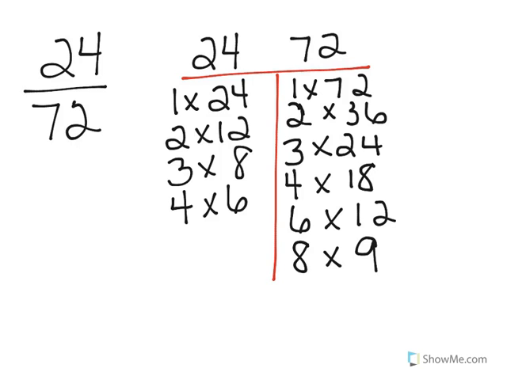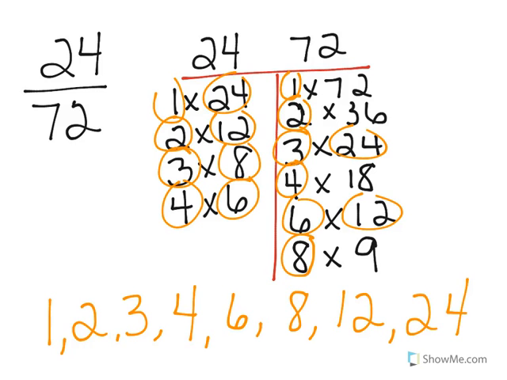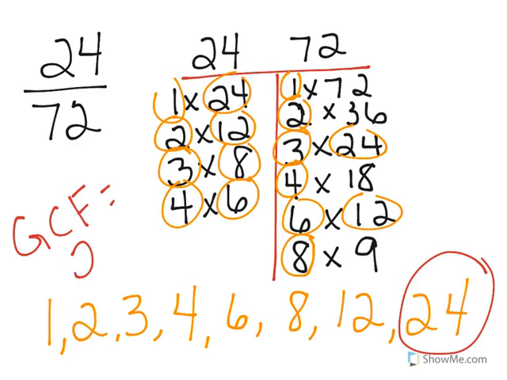Now I want to go through and find out the factors that they share in common. 24 and 72 share the factors 1, 2, 3, 4, 6, 8, 12, and 24. And the largest of those factors is 24. So the greatest common factor is 24.